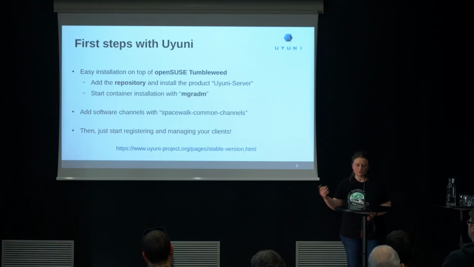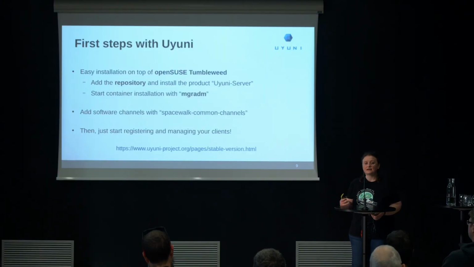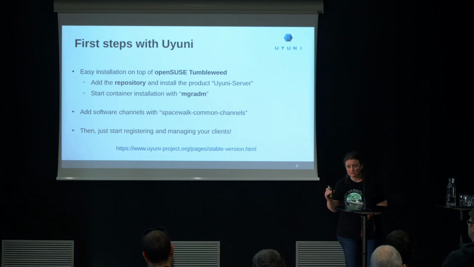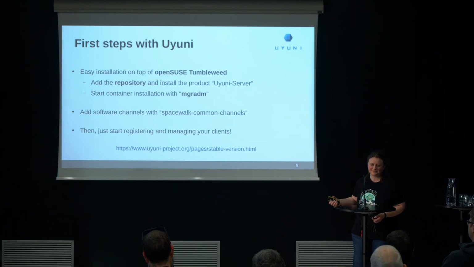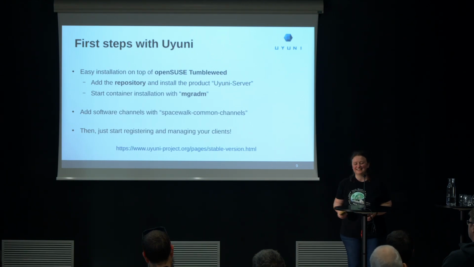And now, looking at how you can use it, the idea is that we have a host OS, and we are working with containers. So you have your host OS. In this case, we suggest openSUSE Tumbleweed, but you can run Uyuni also on other operating systems. Then you add a specific repository, and I'm talking about repository, and you will see why in a moment.